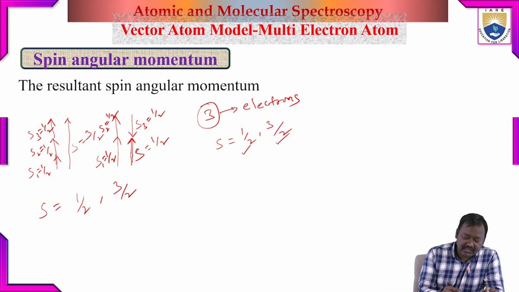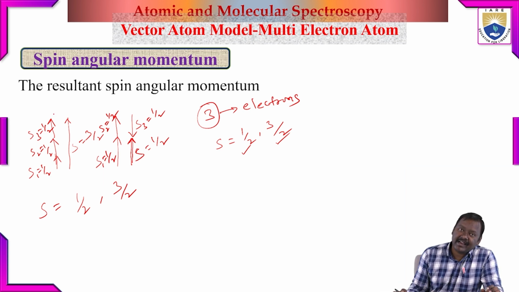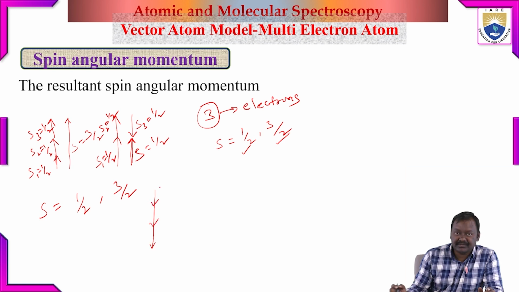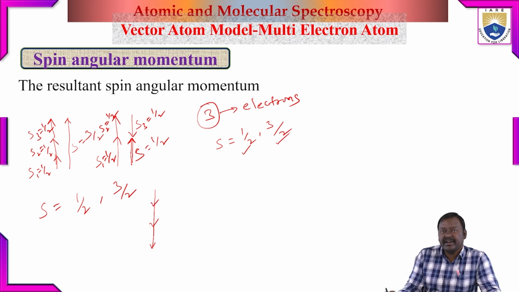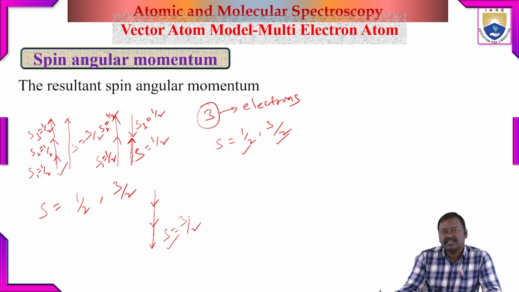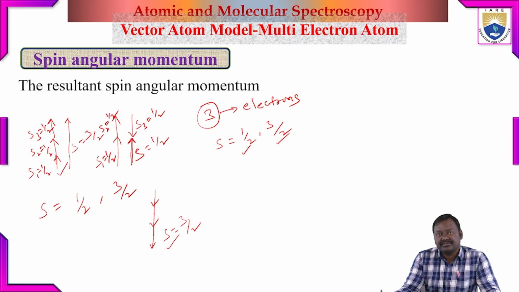If 3 electrons are in the same direction, maybe all in the up direction or even the down direction, then the total spin quantum number is equal to 3 by 2.